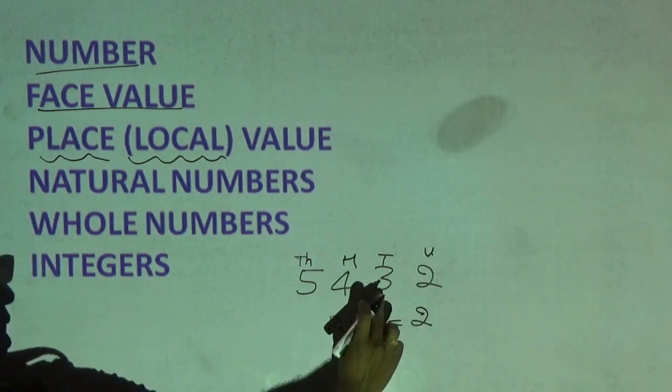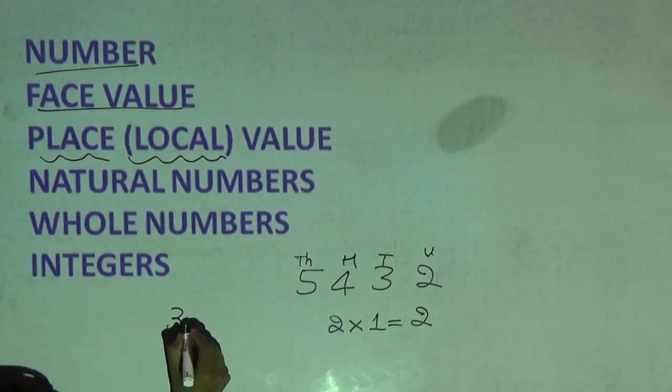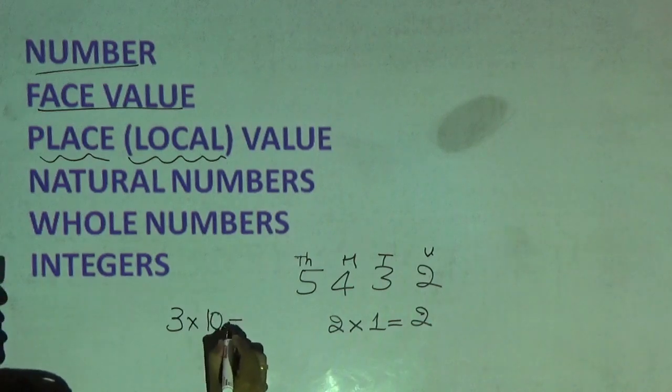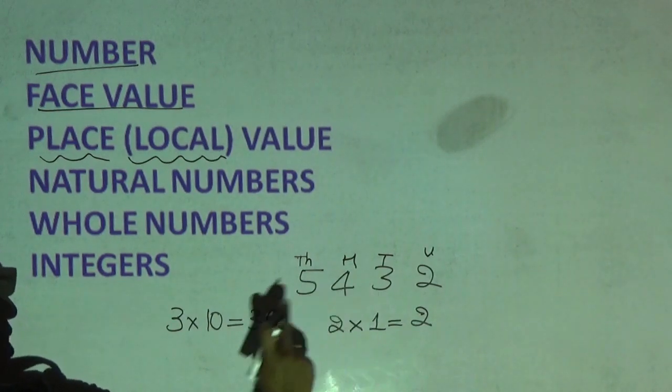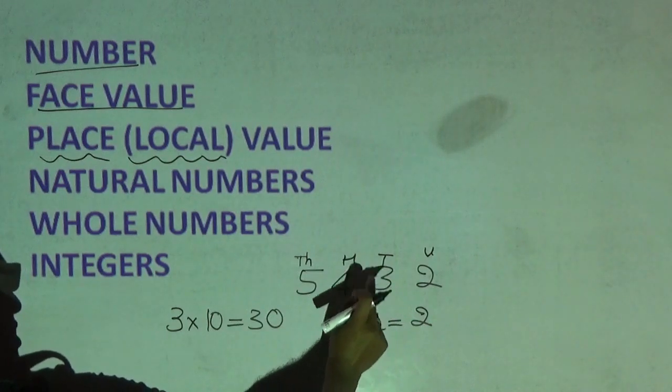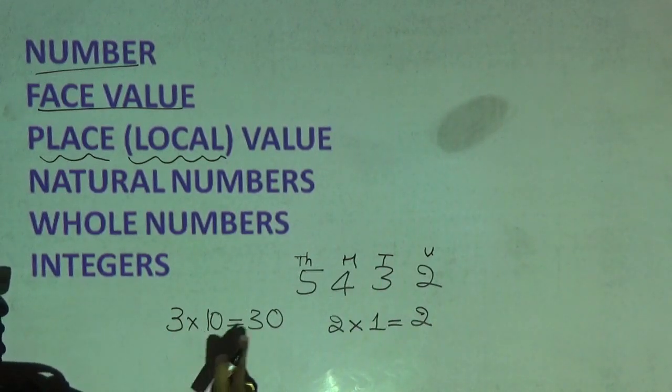Okay, now the place value of 3 is 3 into 10, that is in tens place, right? The place value of 3 is 30. Place value is also called what? Local value. The place value of 3 is 3 multiplied by its place. What is its place? Tens place, right? 3 into 10, that is 30.